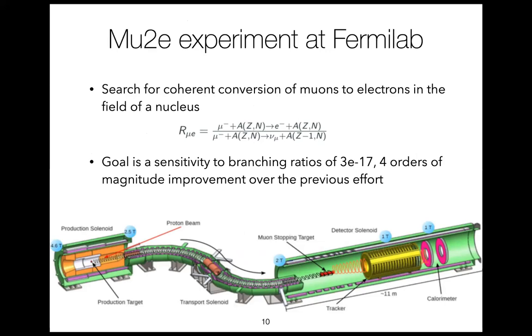The novel idea is a proton beam that comes from the backside into a target and creates a cloud of low energy pions that decay into low energy muons. Then there's a section that does momentum selection before it breaks into aluminum layers. That's the nucleus to offer the muon to convert into electrons.